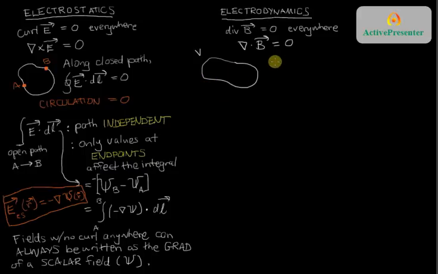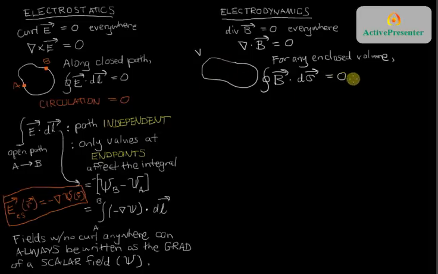And for any enclosed volume, we can now assert that the surface area integral of B dot d sigma, that is to say the magnetic field poking through the surface everywhere, equals 0.